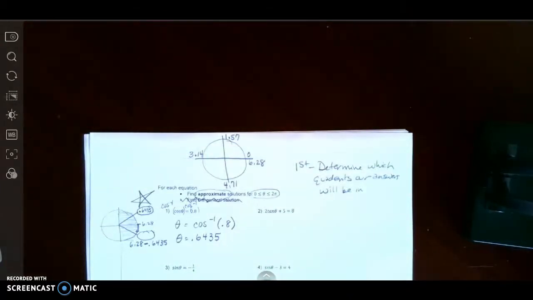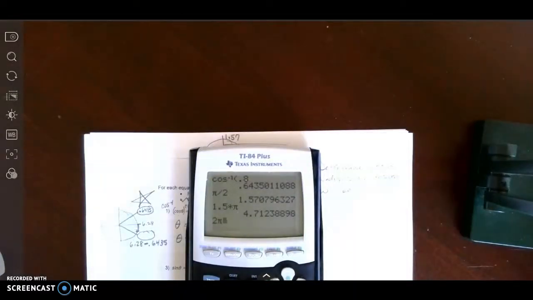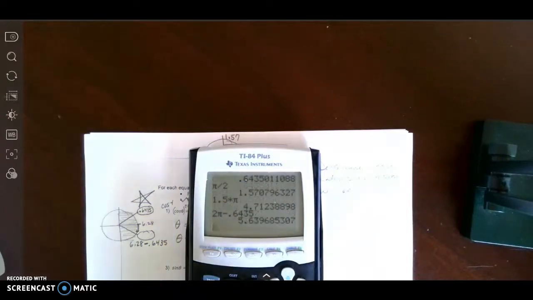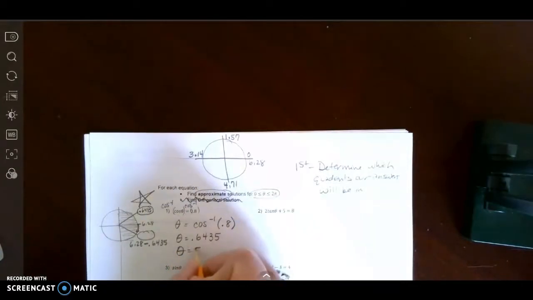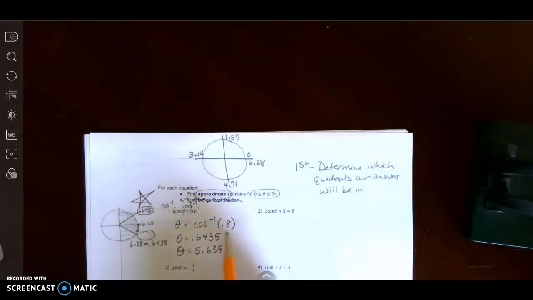Now, if I want to be exact, I should say 2 pi minus 0.6435. And I get 5.6397. Because for the fourth quadrant answer, I was at 6.28 and I'm subtracting going backwards, so it's a little bit less than 6.28, and that makes sense. So these are my two answers.